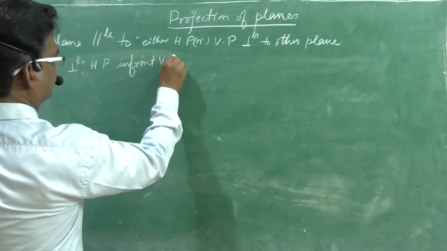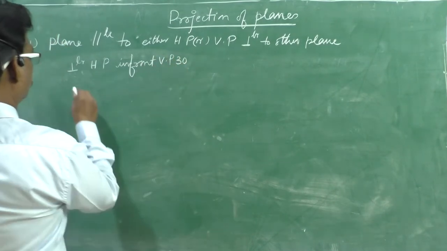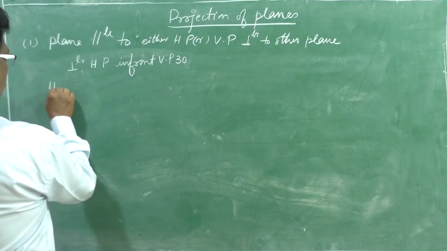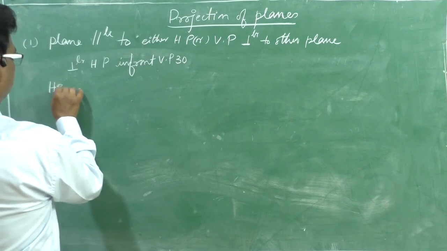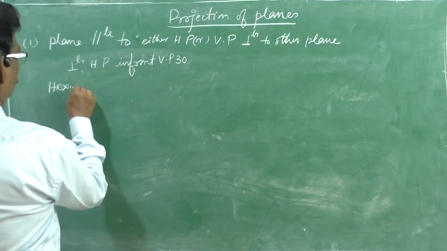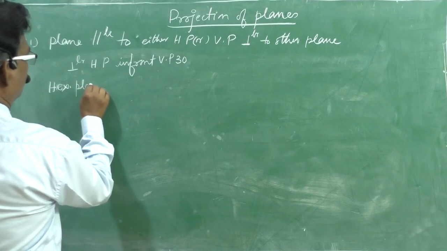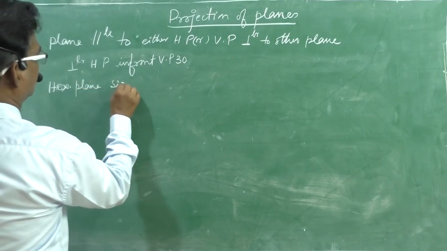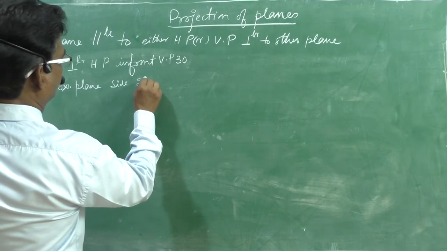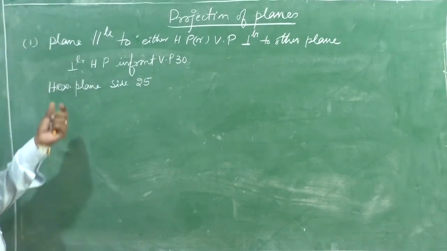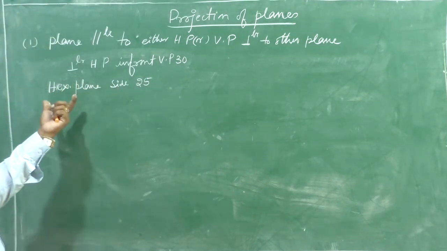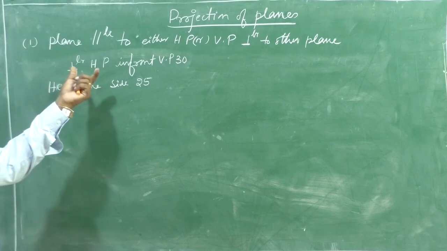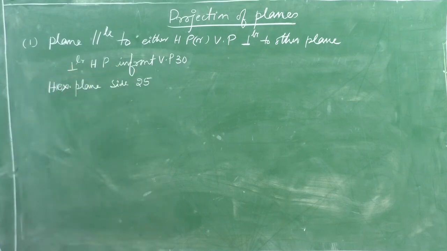The hexagonal plane is given in the problem, and side equal to 25 mm. Okay, the 25 mm side hexagonal plane is perpendicular to HP and in front of VP, 30 mm.